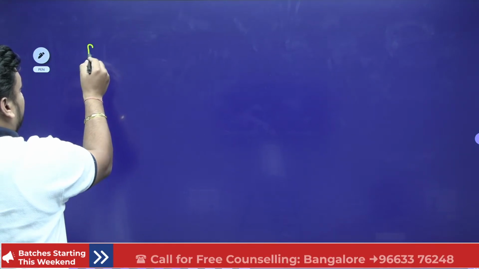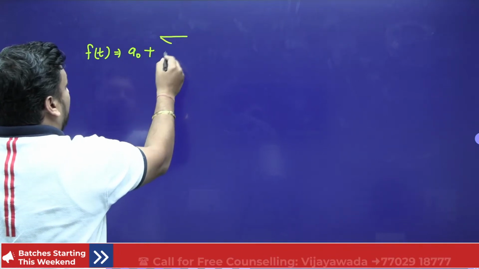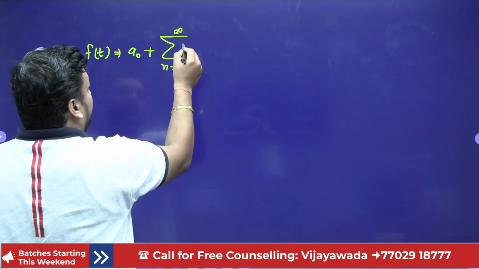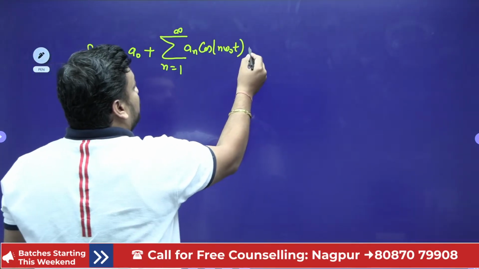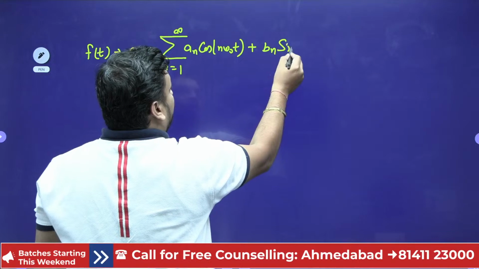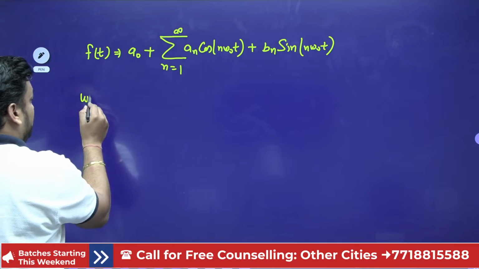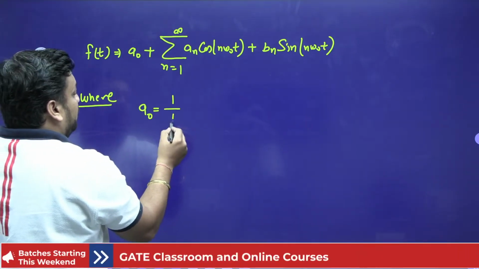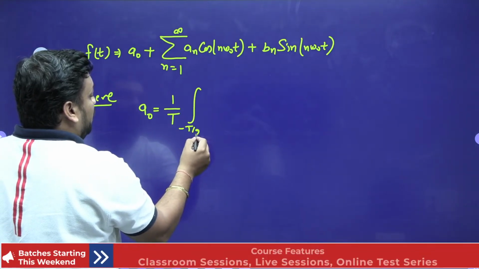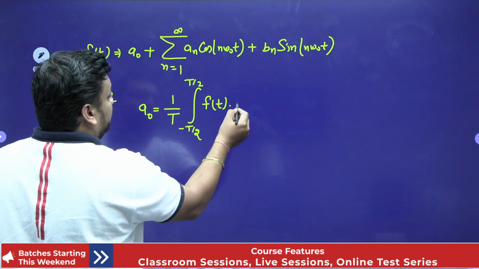Yes. So now I can just summarize the trigonometric Fourier series coefficients. So f(t) is nothing but a0 plus sigma of n equal to 1 to infinity, an cos of n omega 0 t plus bn sine of n omega 0 t, where a0, an and bn are the Fourier series coefficients that we have already derived. So a0 is nothing but 1 by T integration limit from minus T by 2 to plus T by 2, f(t) dt.